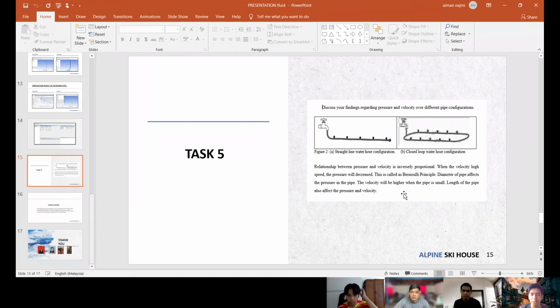This is called Bernoulli principle. The diameter of the pipe affects the pressure in the pipe. The velocity will be higher when the pipe is small. Length of the pipe also affects the pressure and velocity. When the length of the pipe increases, the pressure and velocity will decrease.